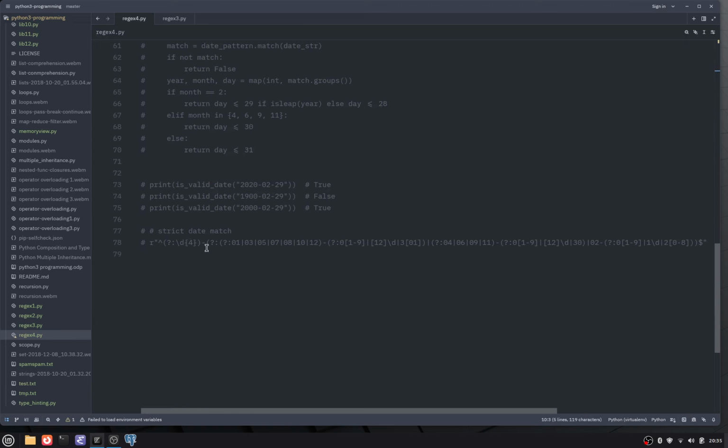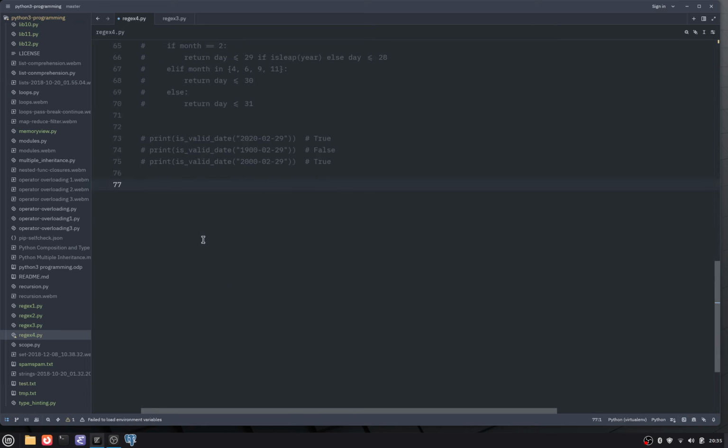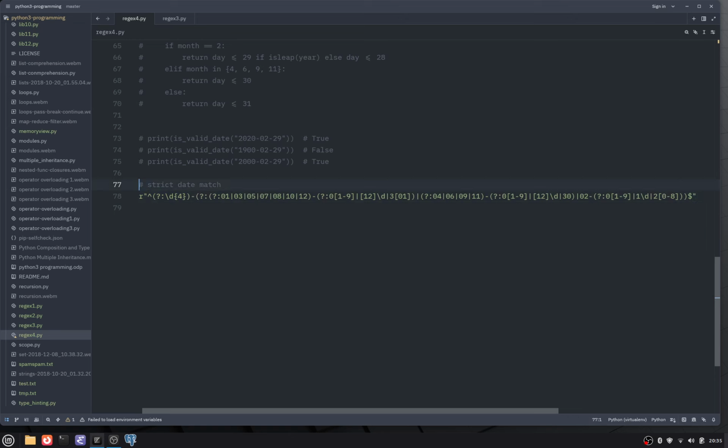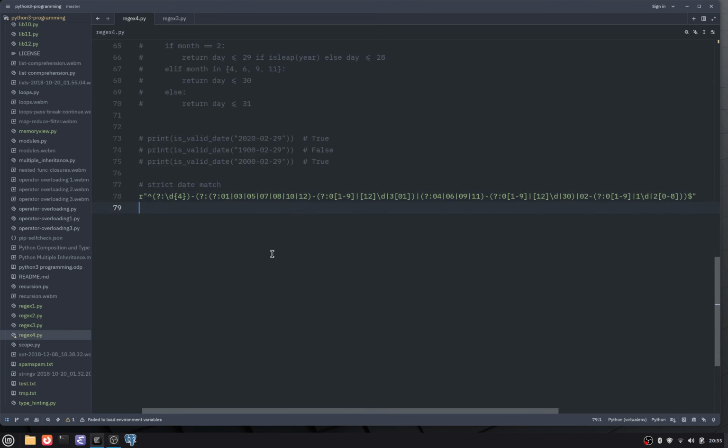Now let's look at our strict date match. Let's keep it here only. We uncomment it. If you remember from our regex 3, this was our pattern, and we run it through this. Put this here.